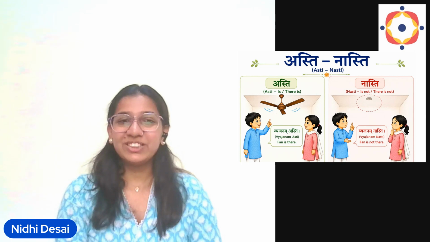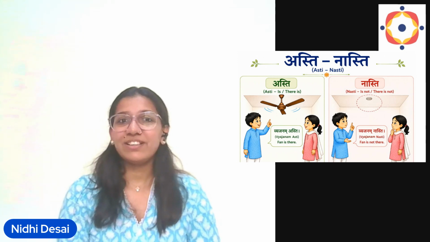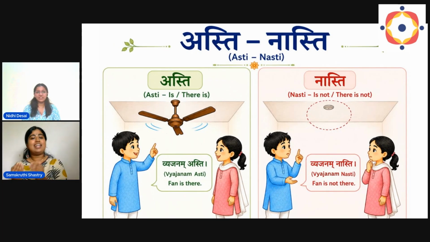Vyajanam. Very good. So is the fan there in the picture? It is there. So we can say asti. When something is there, we say asti. So we say vyajanam asti, meaning the fan is there.